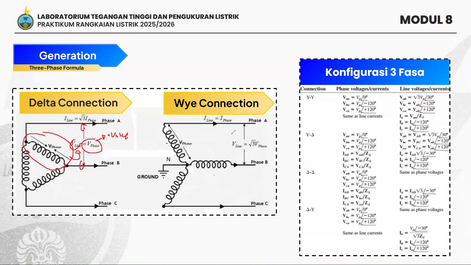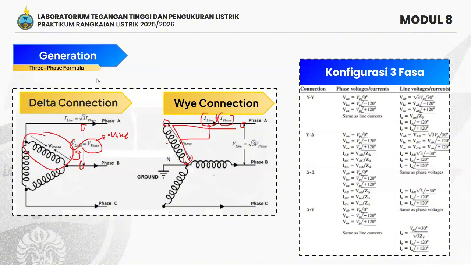And in this Y connection, we have E line and E phase in the same value because of the node, and the current is the same for the line and the phase. You can see that current is going through here and here. It's the same because of the same line. And because of that, we have the same value for I line and I phase.